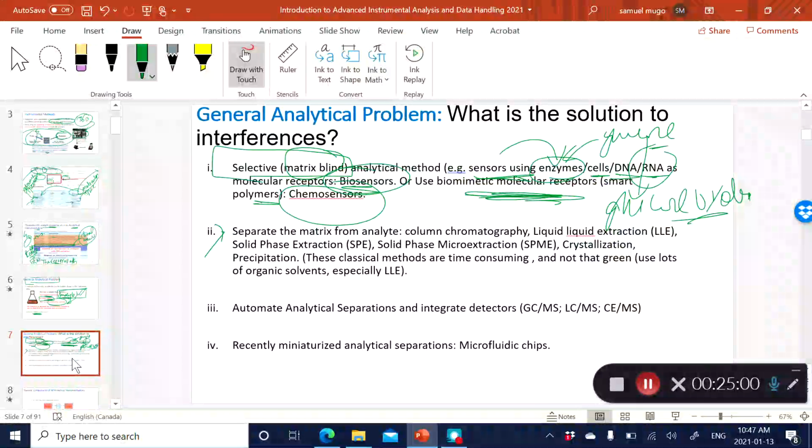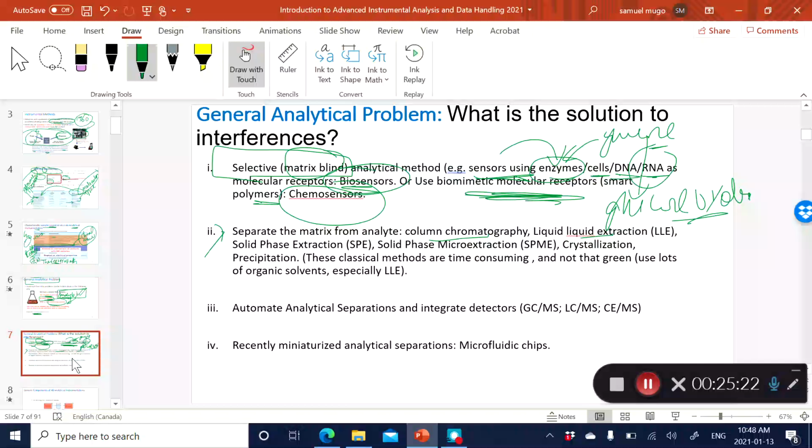You can do separation using, and you guys have done this, I'm sure, in different courses, especially organic chemistry, column chromatography, a painful process, very painful, trying to elute analyte from columns. You can do liquid chromatography or extraction.